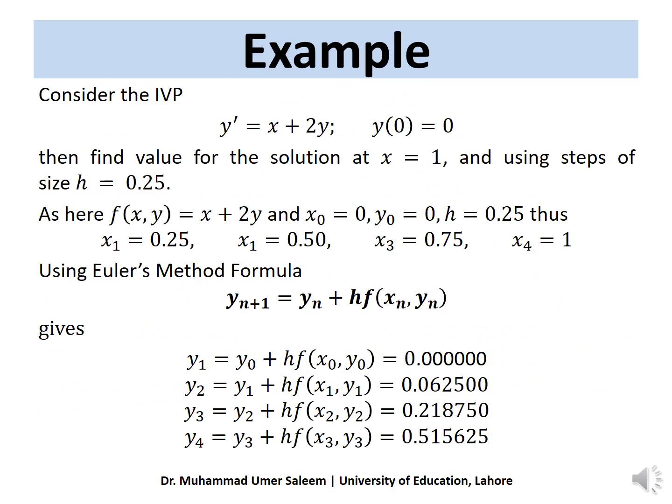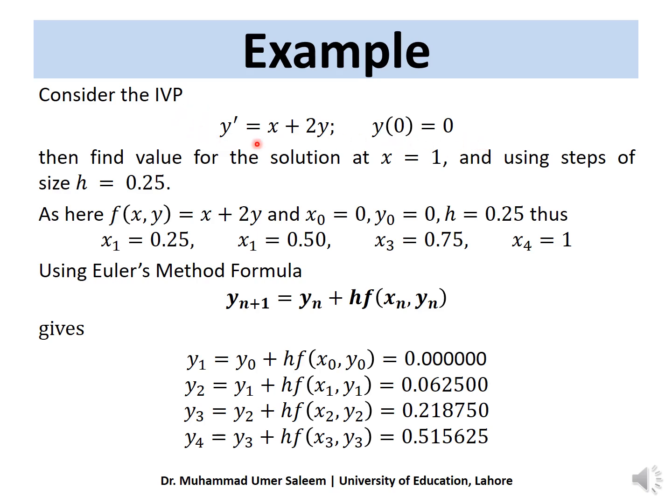So look at this example. Here we consider the initial value problem. y' = x + 2y, and the initial condition is given as y at x = 0 is 0. So y(0) = 0 is the initial condition.